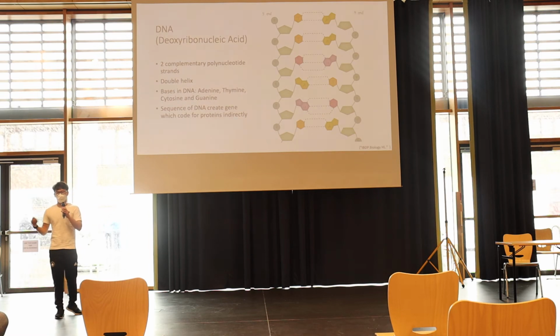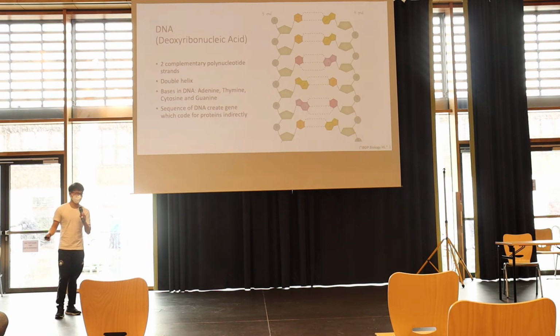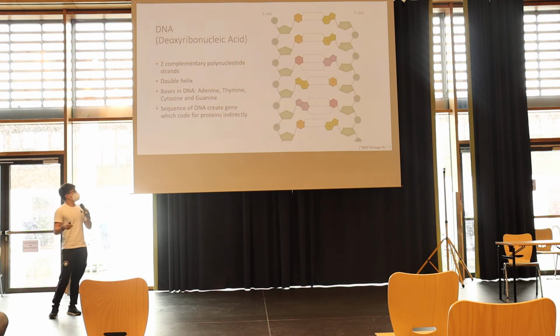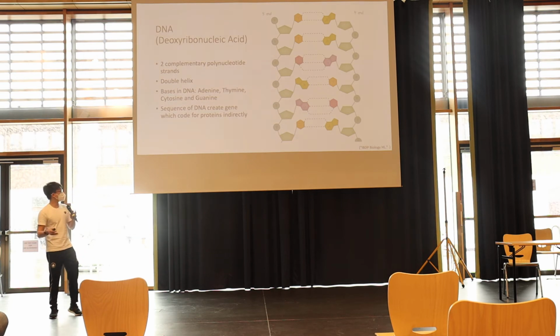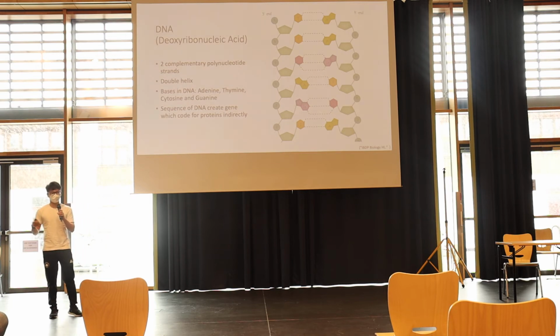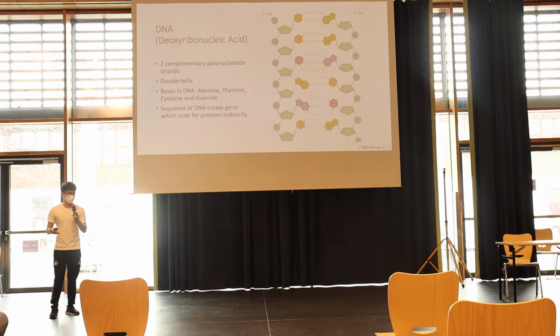DNA, also known as deoxyribonucleic acid, consists of two polynucleotide strands in the shape of a double helix. Each polynucleotide strand contains 4 different nucleotides with 4 different bases: adenine, thymine, cytosine, and guanine.